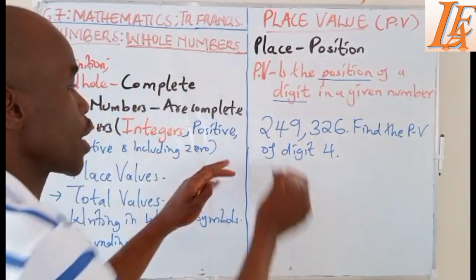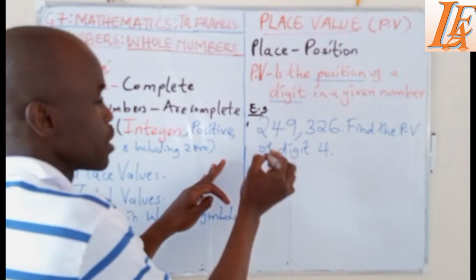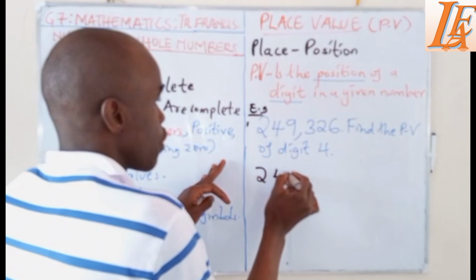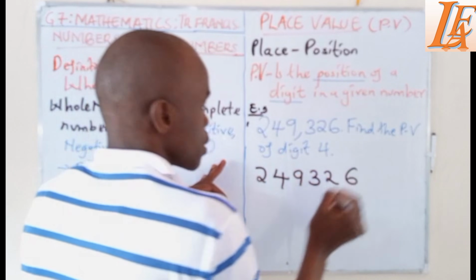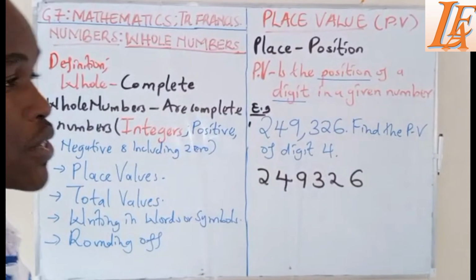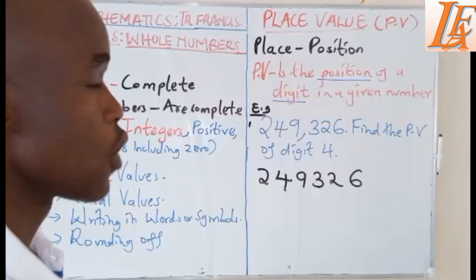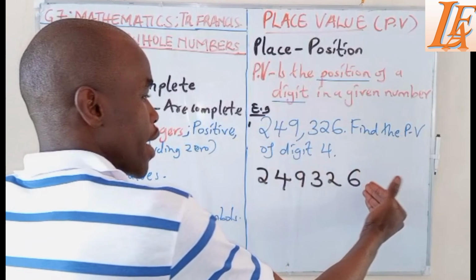Therefore, we can rewrite the number: 249,326. Now, for all numbers, we start looking at their place values from the right going to the left.